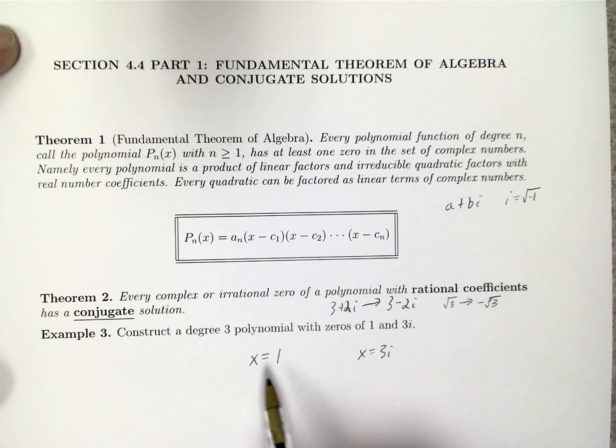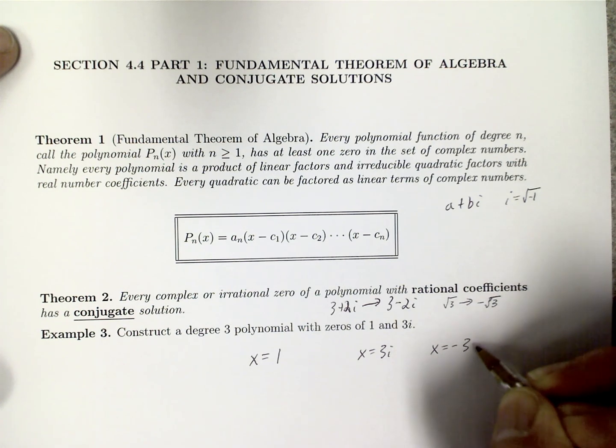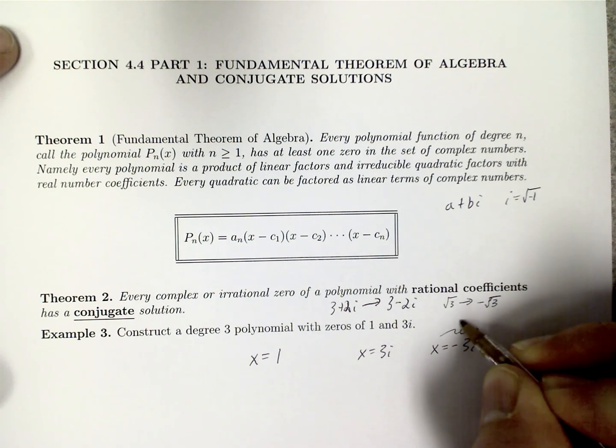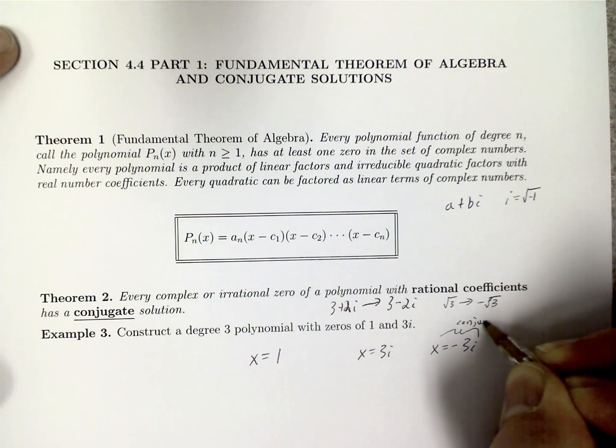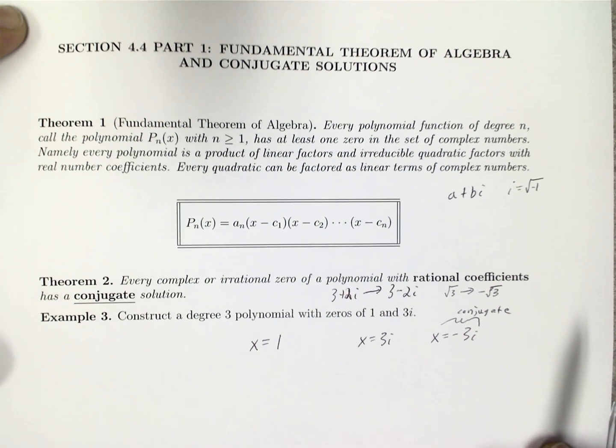Now remember that x equals 3i is a complex number, so we always have a conjugate solution. So x also equals negative 3i. This is a conjugate of the previous one. If we want to construct a polynomial of degree 3, we have to look at the factors, and we have to have at least these three factors to make this work.